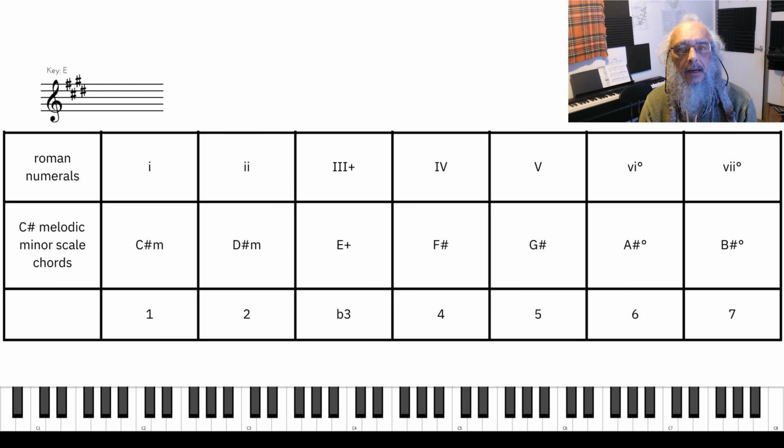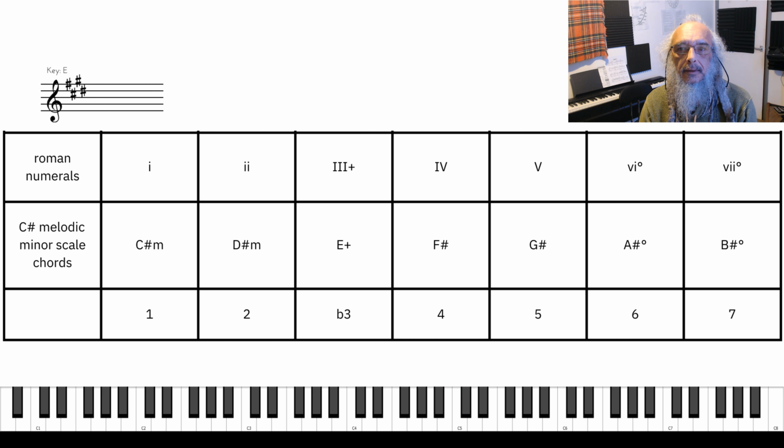Again, let's look at the numbers. This time we have 1, 2, flat 3, 4, 5, 6 and 7. Historically, we only use the melodic minor when ascending the scale and return to the natural minor when descending. But there are no rules, so it's up to you.